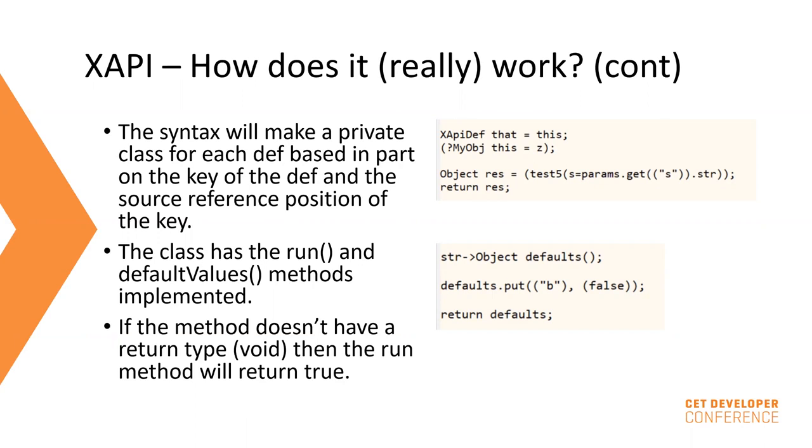So on the top, we have run, and on the bottom there, we have default values. So we can see what the syntax is actually doing here is it's getting the object, it's overriding the local this parameter on the method, then it is directly calling the method that was passed in with the parameters and then returning the object. So it actually is kind of sneakily calling the method there.